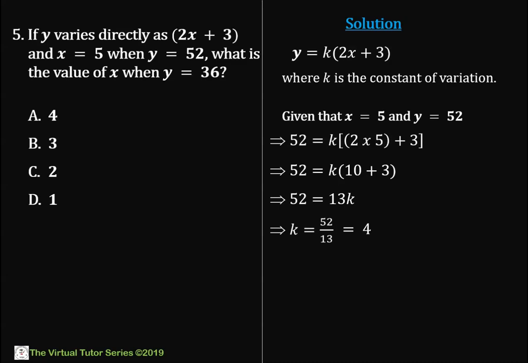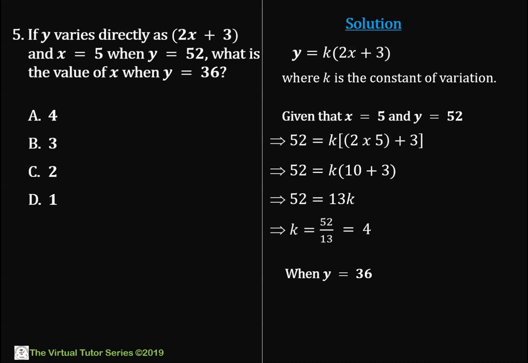Now, we are to find the value of x, given the value of y as 36. We do this by substituting 4, which is the value of k, and 36, which is the value of y, back into the original equation.